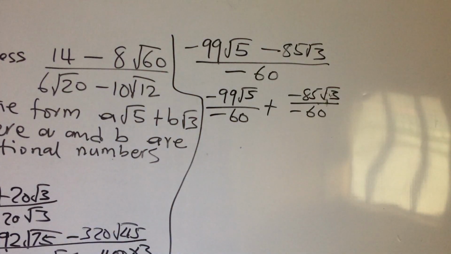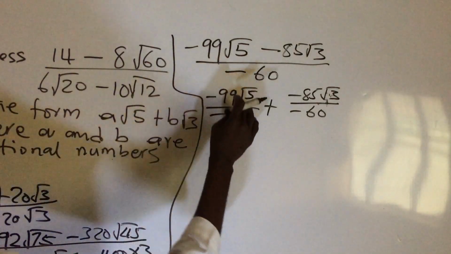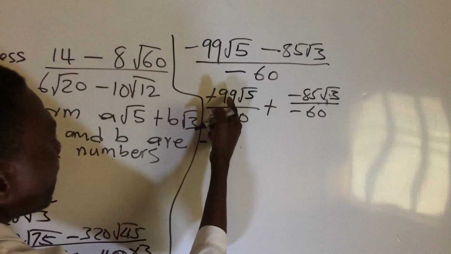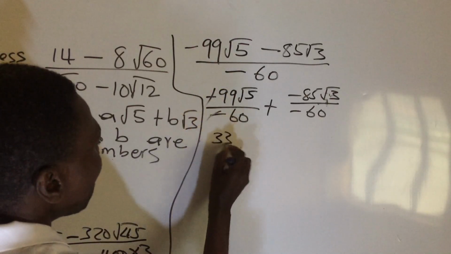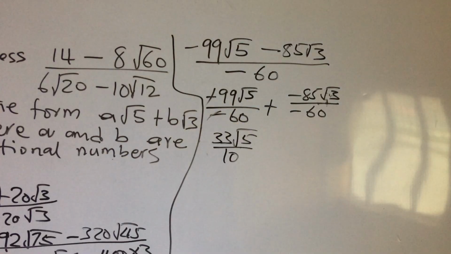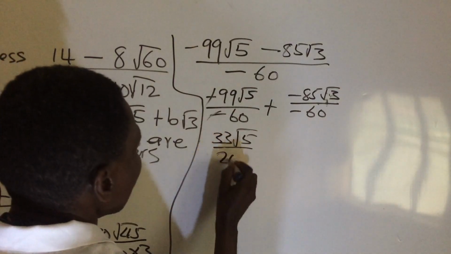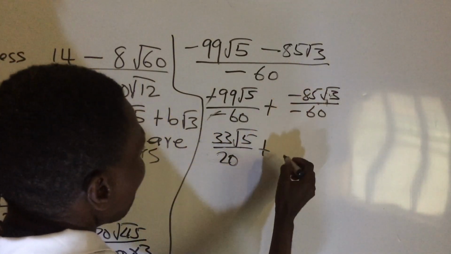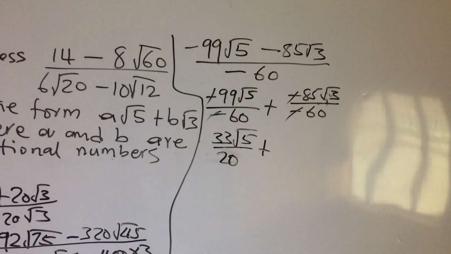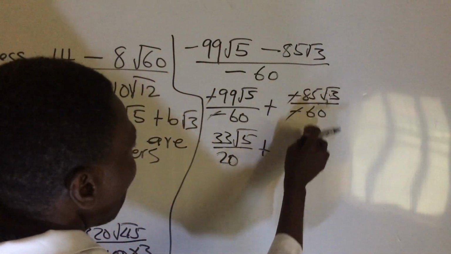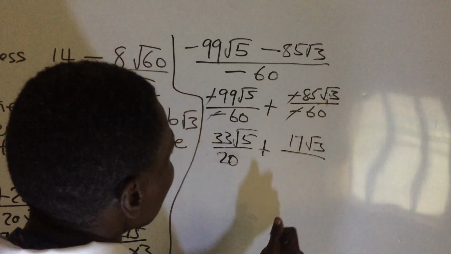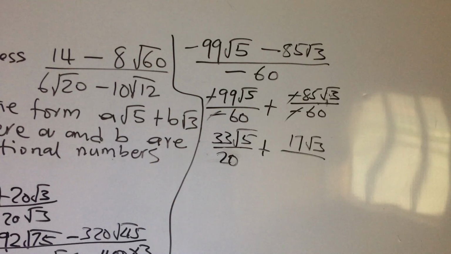Now continuing, dividing through by 3, minus cancels minus. 3 divides 99, we now have 33 root 5 all over 3 divides 60, we now have 20, plus, 5 divides this through, minus cancels minus, 5 divides 85, we now have 17 root 3 all over 5 divides 60, we now have 12.